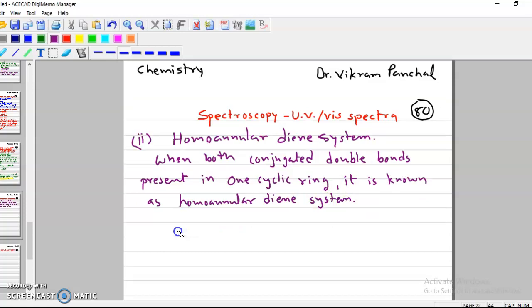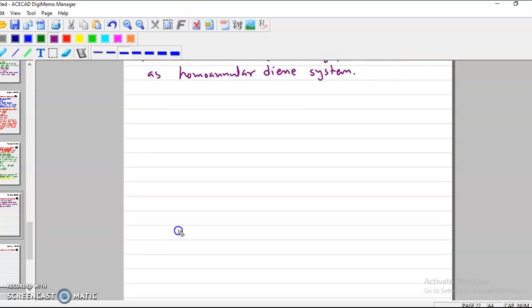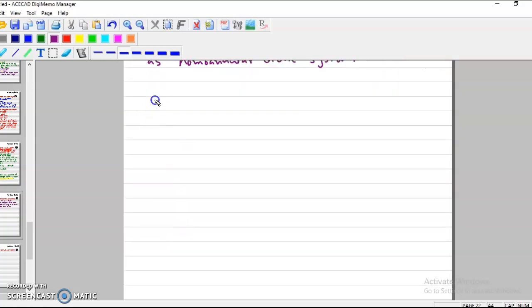As for example, suppose there is only one single ring of 6 members and these double bonds are in one ring only and they are in alternate positions. Then it is called homoannular diene system.